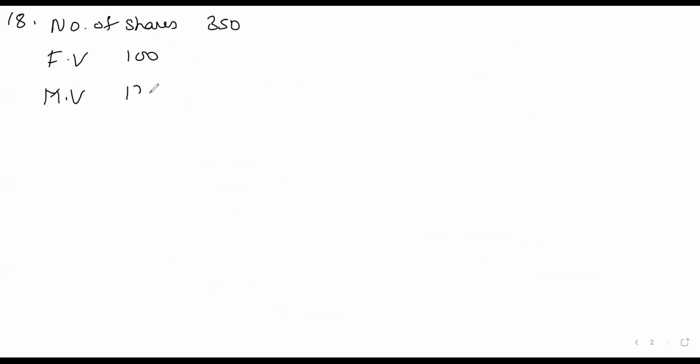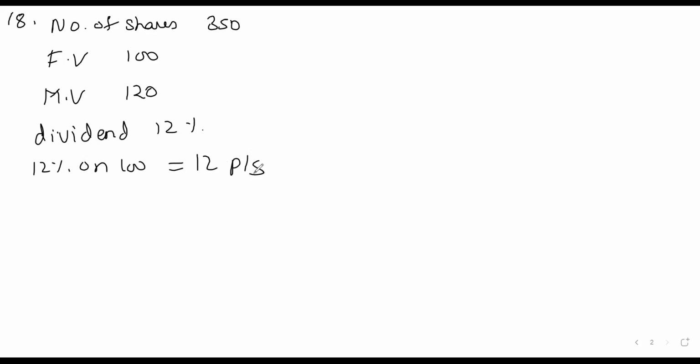So market value 120. The company pays 12% dividend, which is 12% on 100, that is 12 per share.